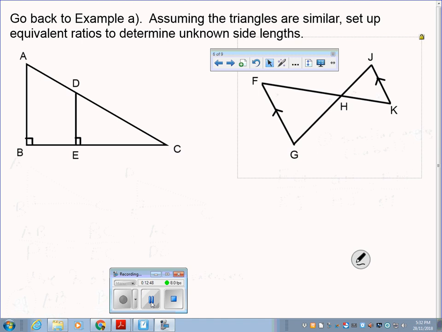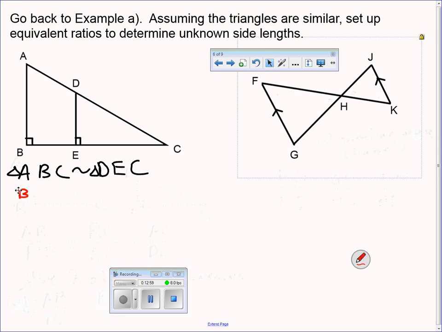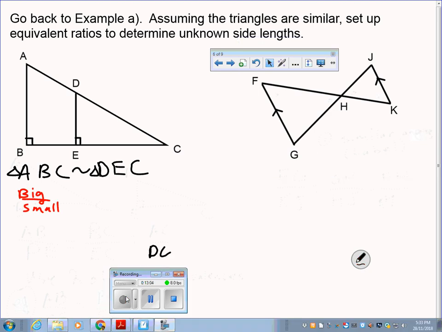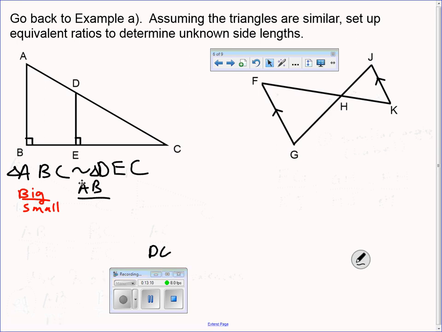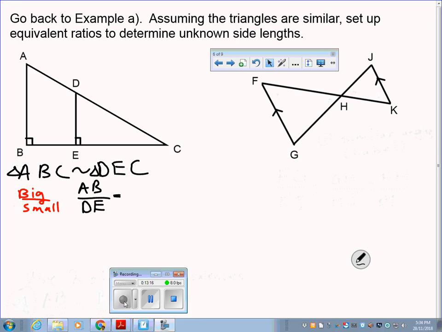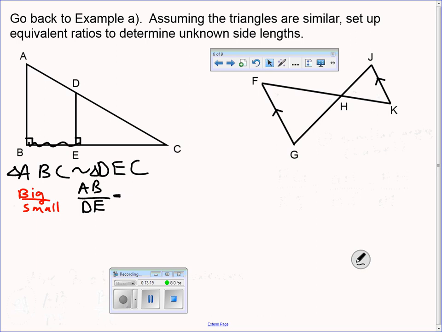So, we said the following of our triangle. We said triangle ABC is similar to triangle DEC. So, that means I'm actually going to do something like this. I'm going to work big divided by small as my ratio. And so now you're going to say the following. AB over DE for the first one is going to equal, well, this big side here compared to this little side here.